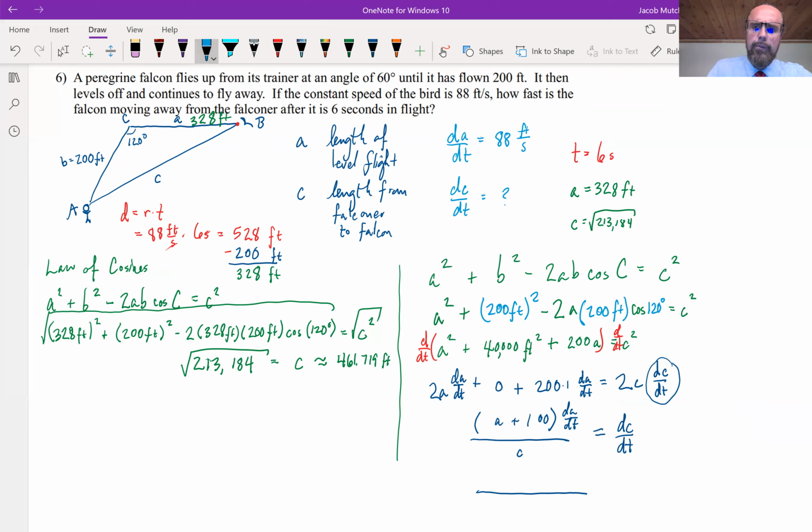So now I'm going to plug in my a value, which we found to be 328 feet, plus 100, all over C, which we calculated to be the square root of 213,184 feet. And then I shouldn't forget dA/dt. That's going to be 88 feet per second.